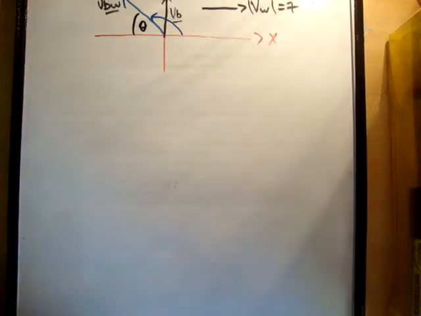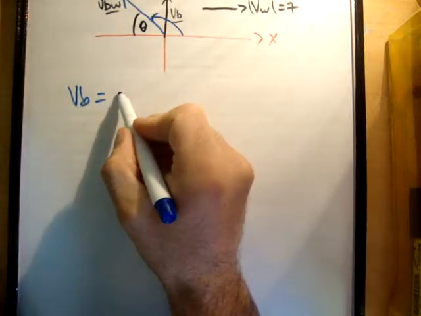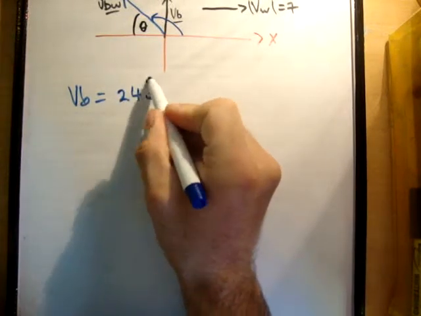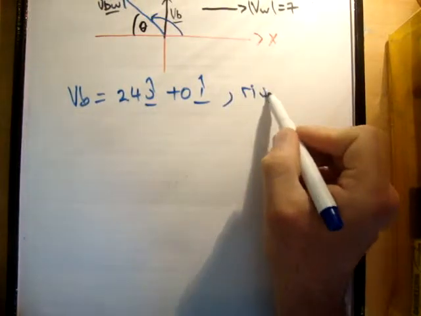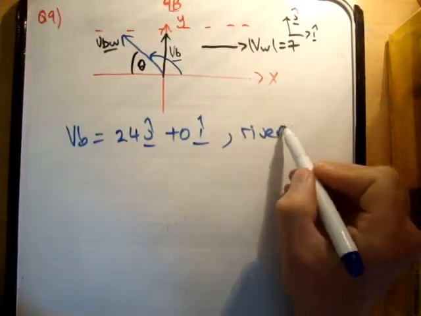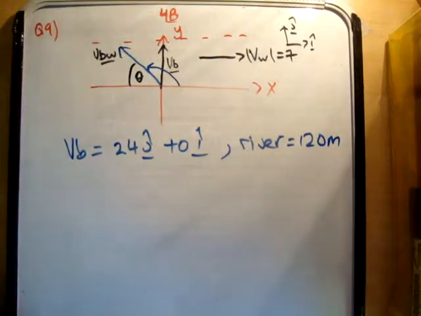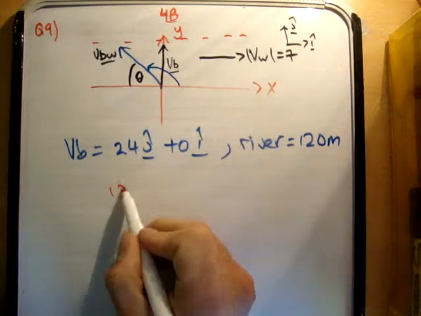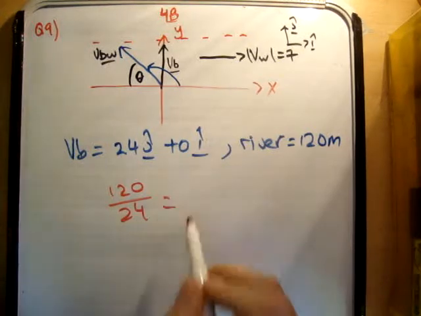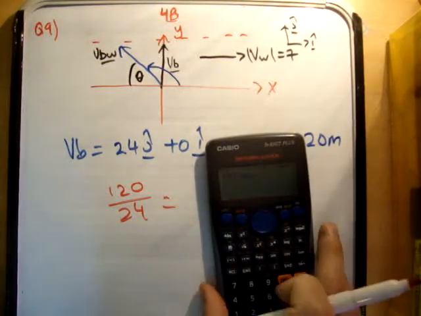We know that VB is equal to 24 j hat plus 0 i hat, and we know the river is equal to 120 meters. Now in order to cover distance in the j hat direction, you need a speed in the j hat direction. So our speed here is 24, so we're just dividing 120 by 24, and we're going to get an answer of 5 seconds.